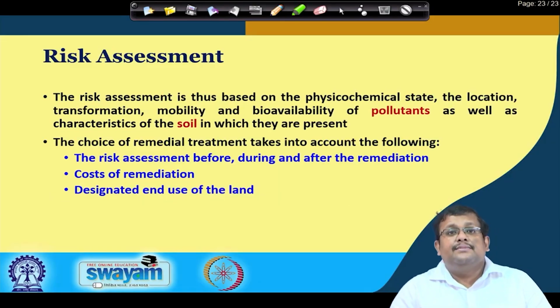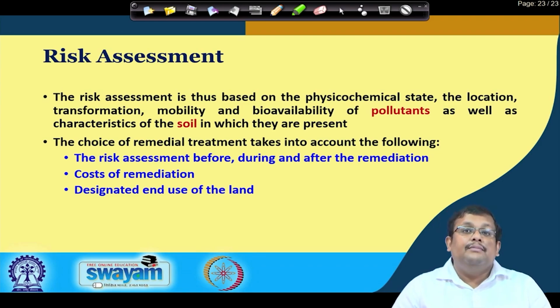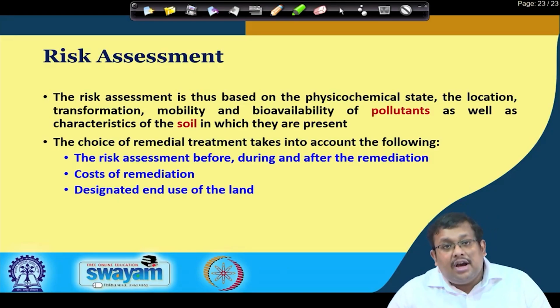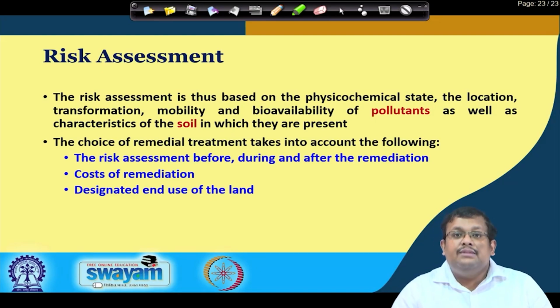So, the risk assessment is thus based on the physiochemical state, the location, transformation, mobility and bioavailability of the pollutants as well as the characteristics of the soil in which they are present. And the choice of remedial treatment takes into account the following. First of all, the risk assessment before, during and after the remediation, cost of remediation and designated end use of the land.